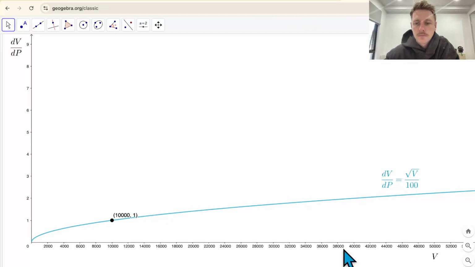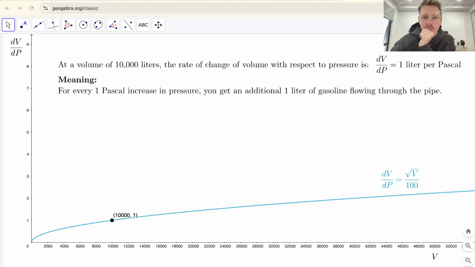I just wanted to make sure that I phrased it properly. So at a volume of 10,000 litres, the rate of change of volume with respect to pressure is 1 litre per pascal, which you can see because those are the units on the y-axis. That means for every 1 pascal increase in pressure, you get an additional 1 litre of gasoline flowing through the pipe. That's the meaning of this dV/dP, which is the reciprocal of the gradient of the original function.